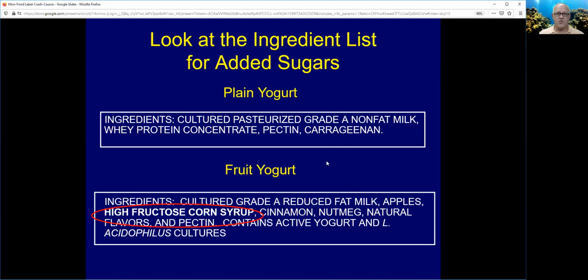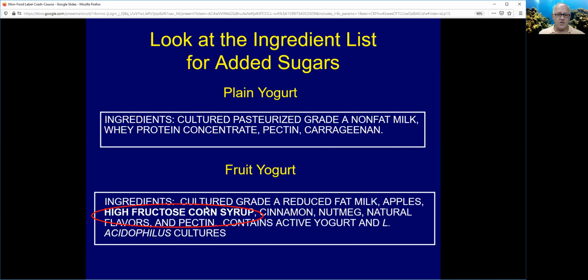So if we look at the ingredient list also, the ingredient list on all food packages, they're required by law to list this, in order of the most ingredient that's in that item. So if we look at the plain yogurt, it has cultured, pasteurized, grade A non-fat milk. And then it has whey protein concentrate, pectin, and carrageenan.